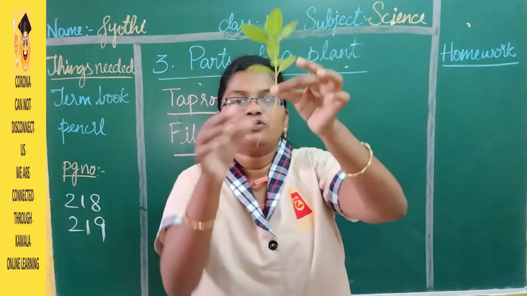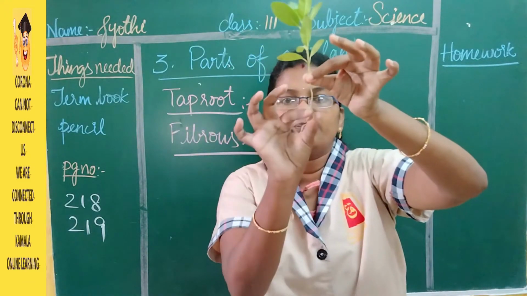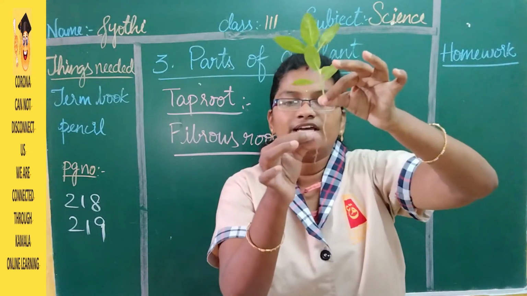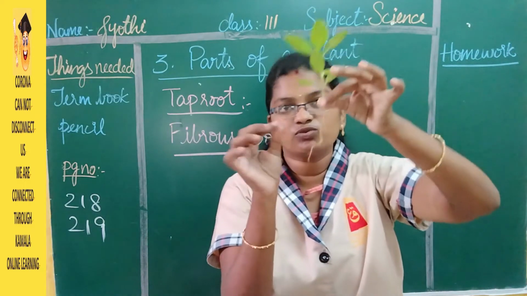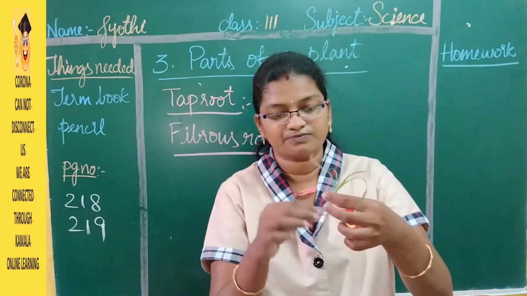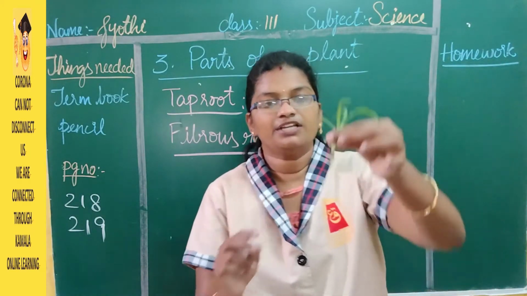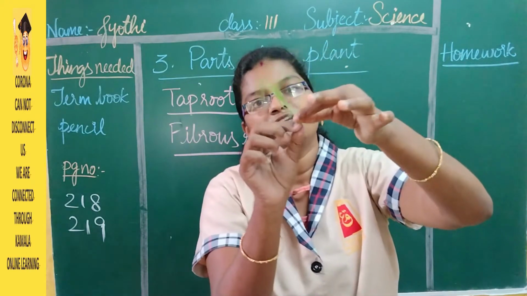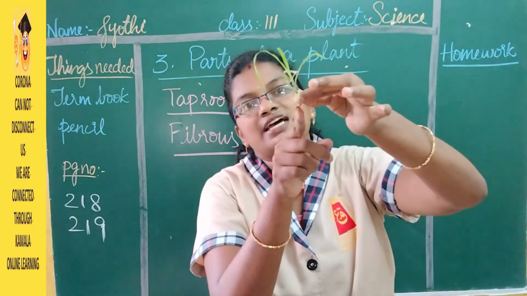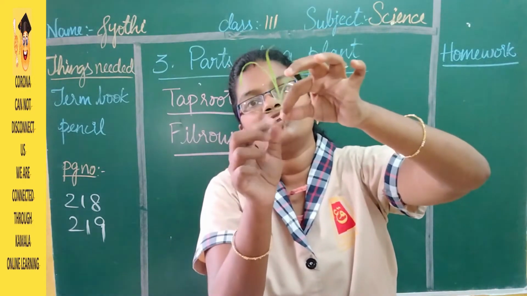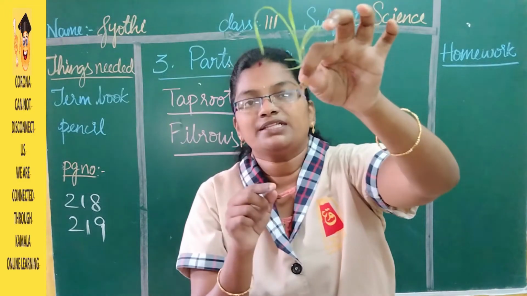Now if you see this taproot system, it is very clear. One main root is there, and for that main root again small lateral roots are there. But if you look at the fibrous root, here is the fibrous root. Many hair-like structures start growing from the main stem.